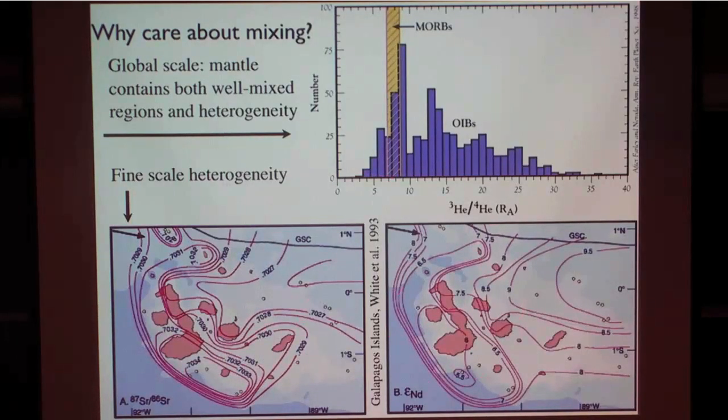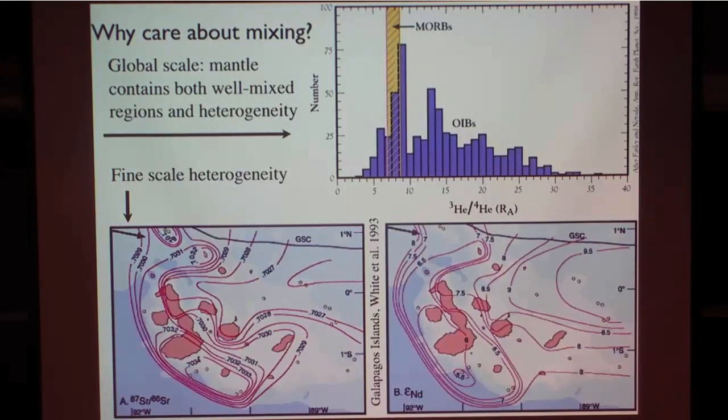Some of these figures may have appeared already in talks that you've seen. If we look at basically most of the basalts that are coming out of the mantle, mid-ocean ridge basalts, and we take some of the main tracers that we use, in this case helium-3, helium-4, which is a measure of how outgassed the mantle may be, you'll find that the bulk of basalts coming out at mid-ocean ridges fall in a very narrow range of helium-3, helium-4 ratio.